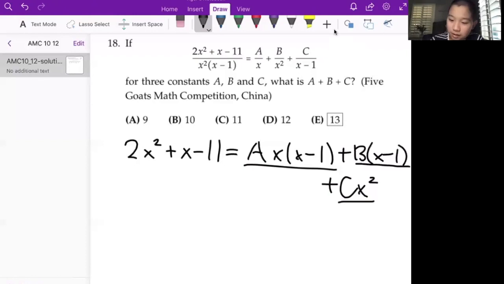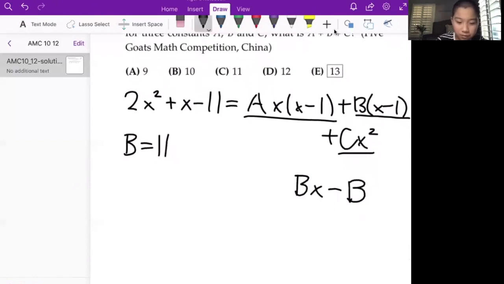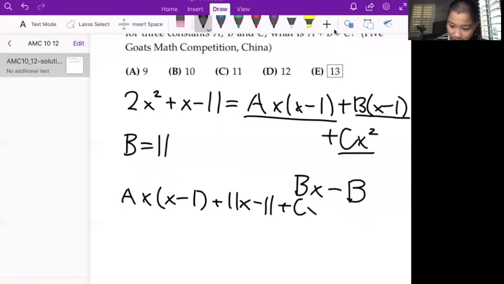So the b part is bx minus b. So we have to have minus b equal to minus 11. So b equals 11. So now we can get rid of one variable. We'll have a times x minus 1 plus 11x minus 11 plus cx squared equals 2x squared plus x minus 11.